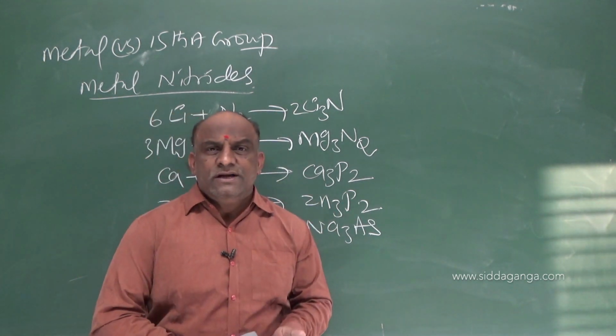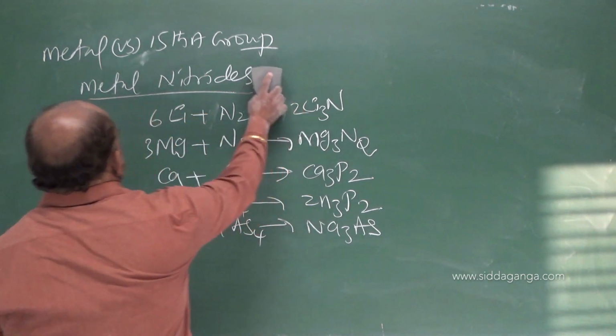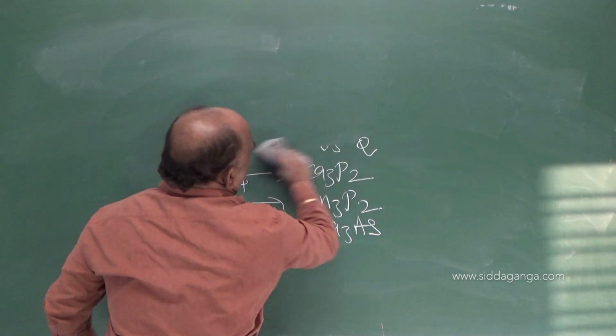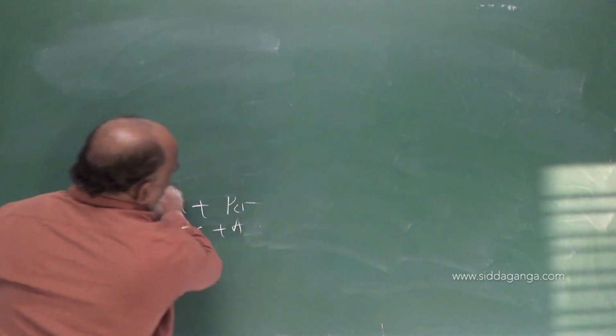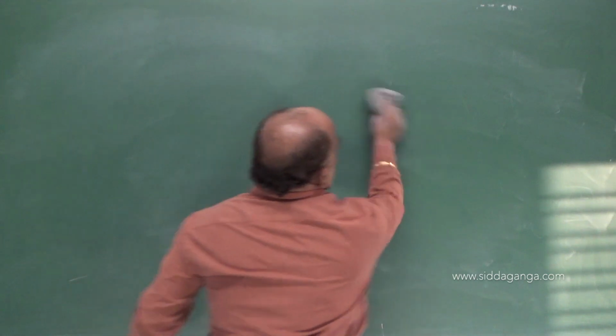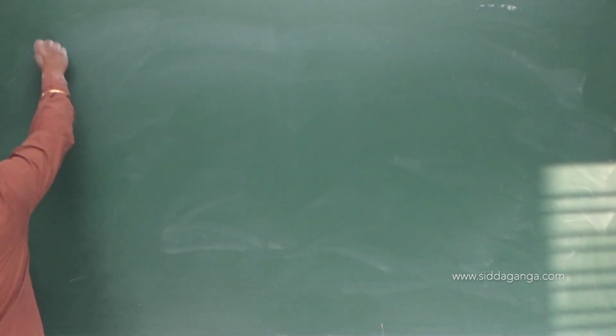After this, the next topic is important for board examination, and one question is important from the competitive point of view. So take a look at this. The next topic is dinitrogen.